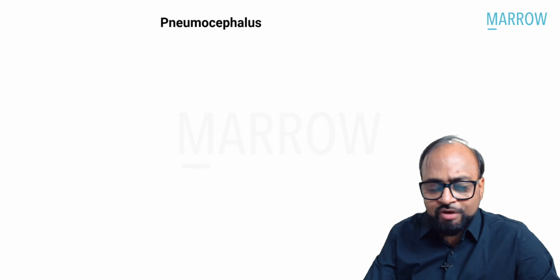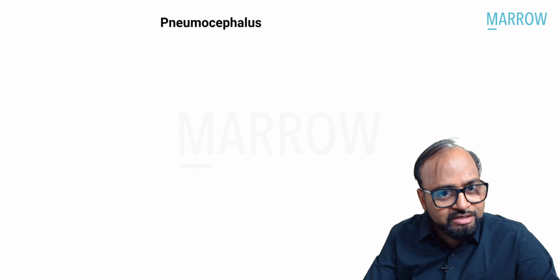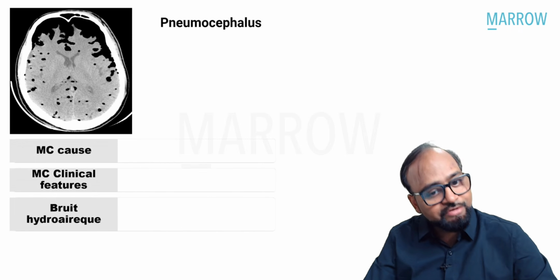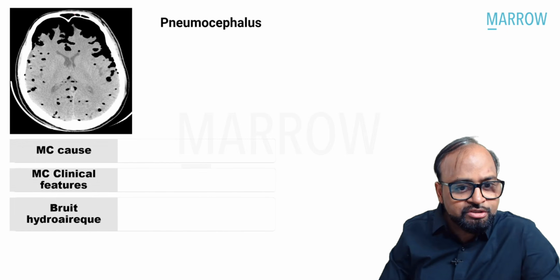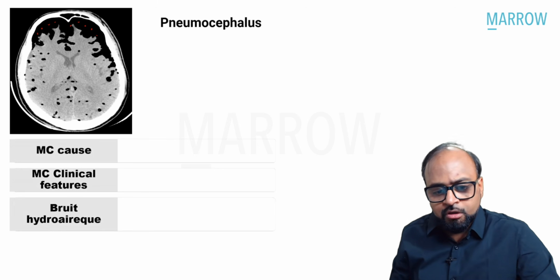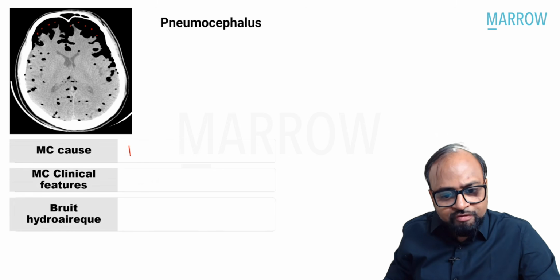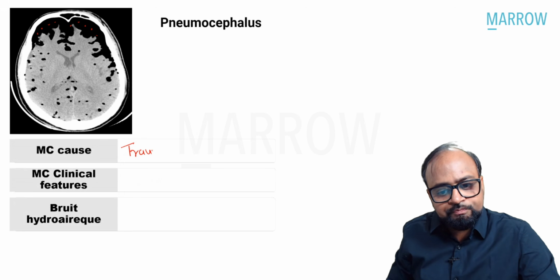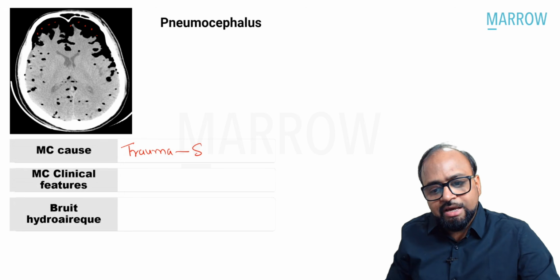Okay. Now we come to pneumocephalus. What is pneumocephalus? Air within the cranial cavity or the cranial vault. As you can see here, inside the cranial vault, around the brain, you see this jet black appearance, that is air. The most common cause for pneumocephalus, remember, is trauma followed by surgery.